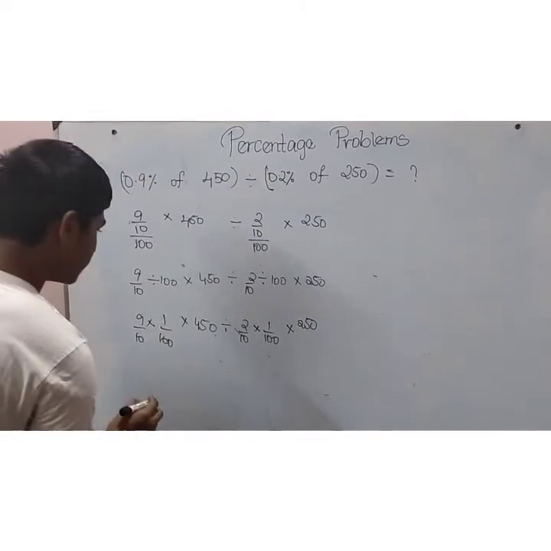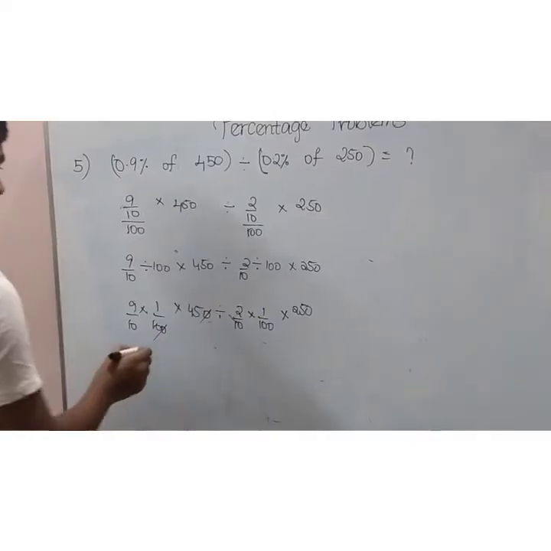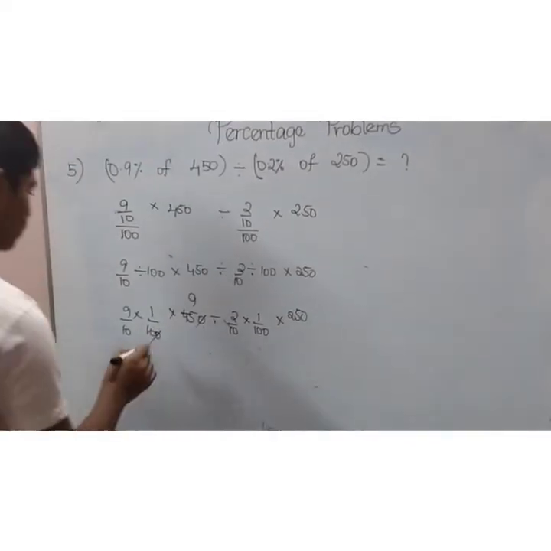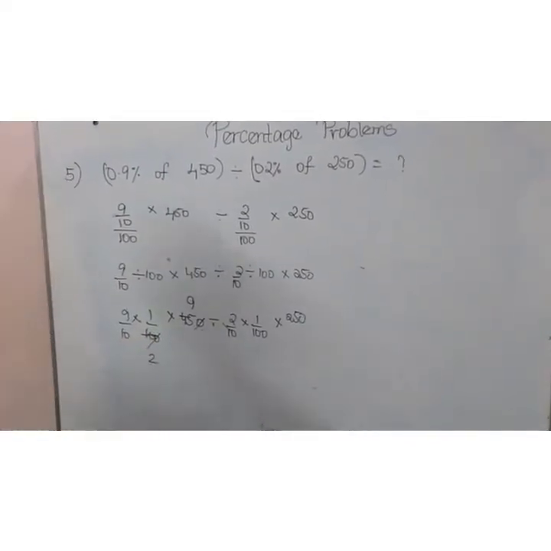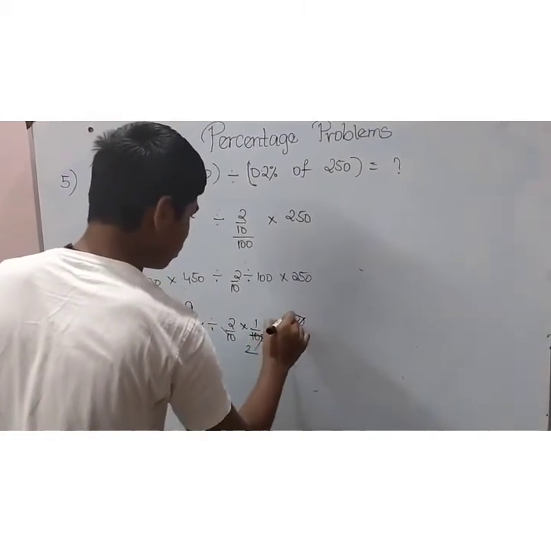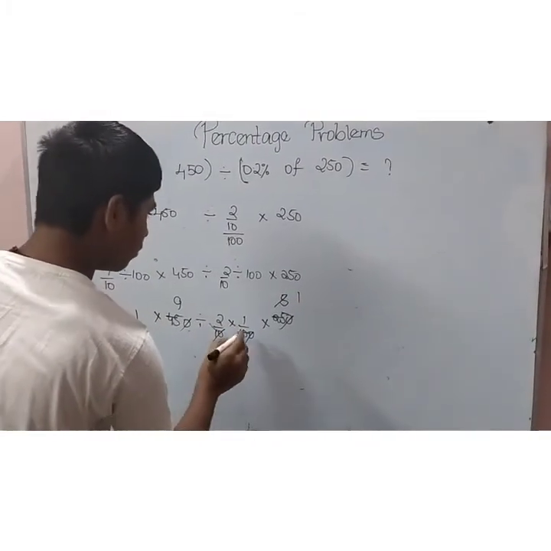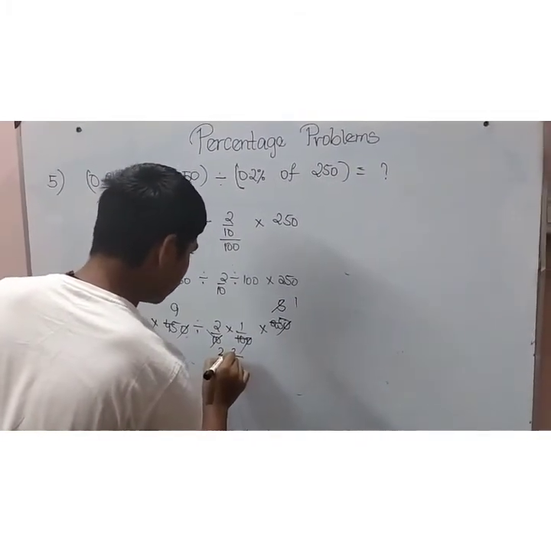Now 0 0 cancel, 5 9s, 5 2s. 0 0 cancel, 5 2s, 5 5s, 5 1s, 5 2s.